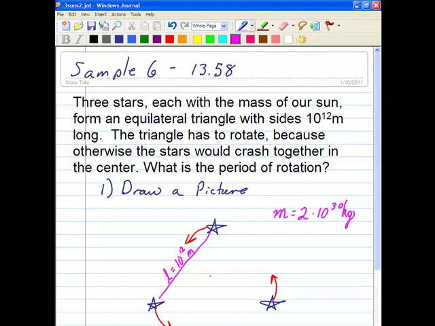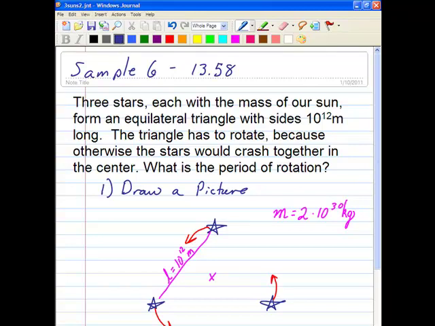And they're all orbiting the center of mass of the system. Okay. Once we've drawn our picture, the next thing we're going to do is draw a free body diagram. Now there's 3 bodies in this problem, so we might need to draw 3 bodies in the long run, but let's just try working on 1 and see if that's enough.